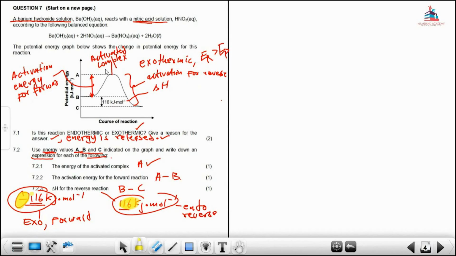It's like when the examiner says, draw a free body diagram, and then you draw a force diagram. It basically says you did not follow the instruction, then we need to penalize you somehow. And it's like you saying, if the question at 7.2.3 was, what is the value of delta H for the reverse reaction, and then you write BC.